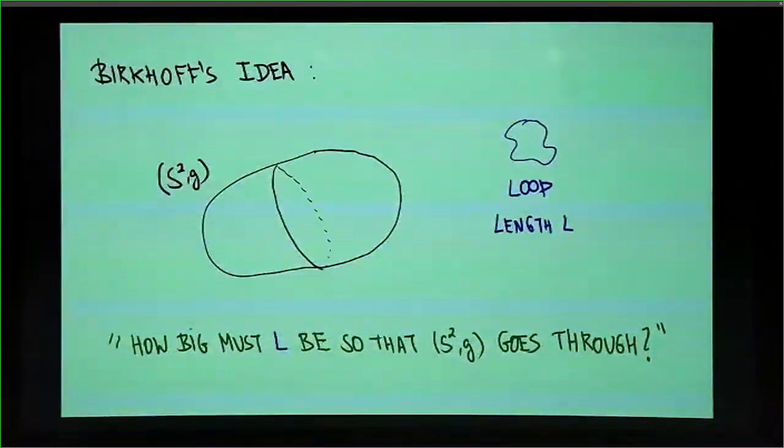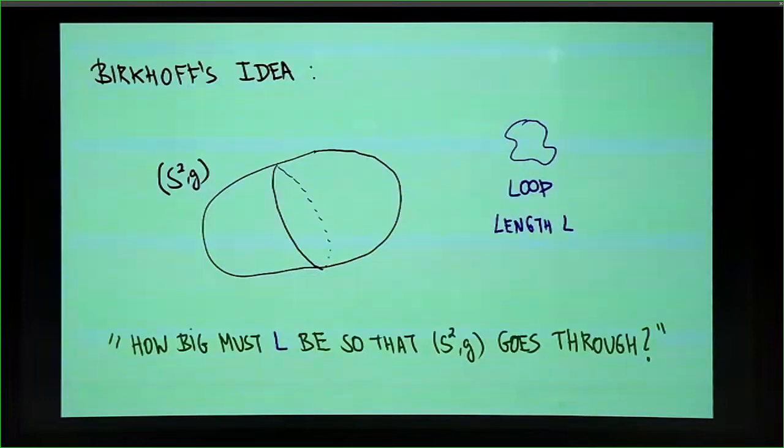So now I want to tell you a bit about the work of Birkhoff and give you an idea about how he got the existence of a periodic geodesic for all Riemannian two-spheres. And the idea is very intuitive in a way.